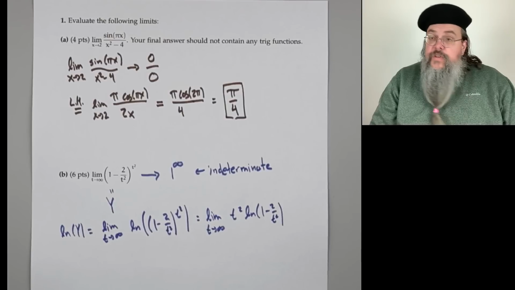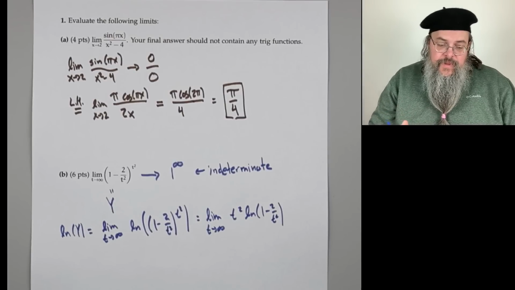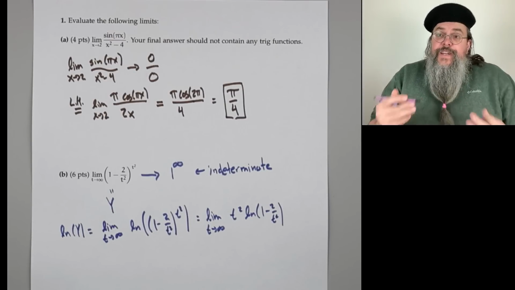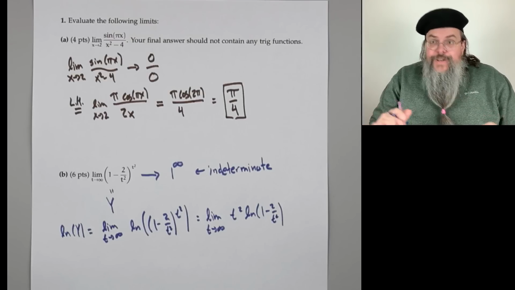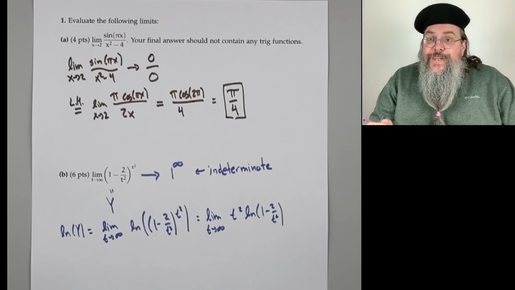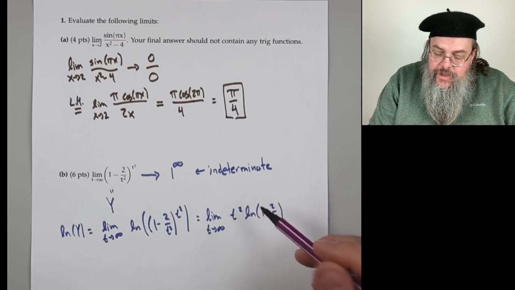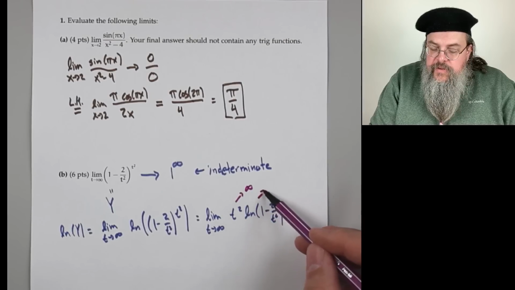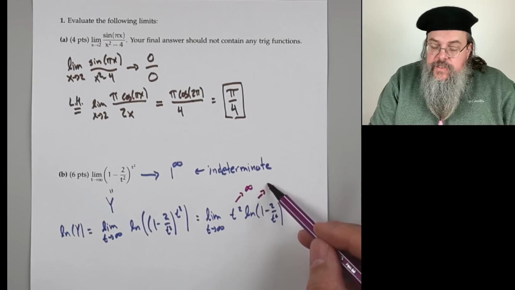Now we can pause for a second and say, well, what's happening to this limit? Is it ready for us to do l'hôpital? Well, we can see no. Why? Well, there's no fraction. But we say it's getting closer, right? So this part's heading towards infinity, and this part's heading towards log of 1, which is 0.